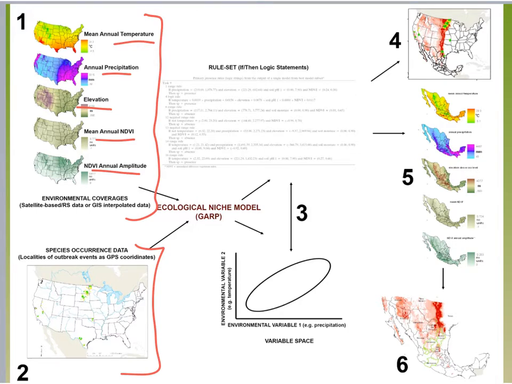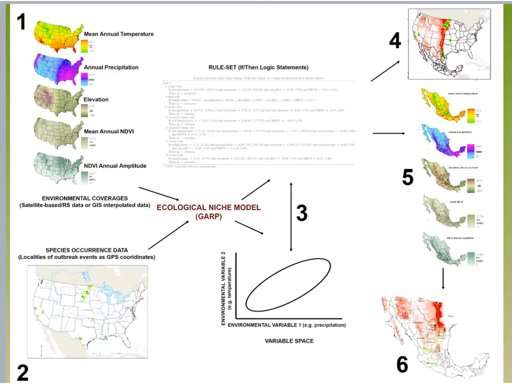In this case we're using anthrax outbreak locations from the continental United States, and the 2 different colors here, yellow and green, indicate a random draw that I've done as the user, subdividing out data that will be used in the modeling process and data that will be used post hoc after the model to evaluate how well it predicted geographically. So those are our input data.